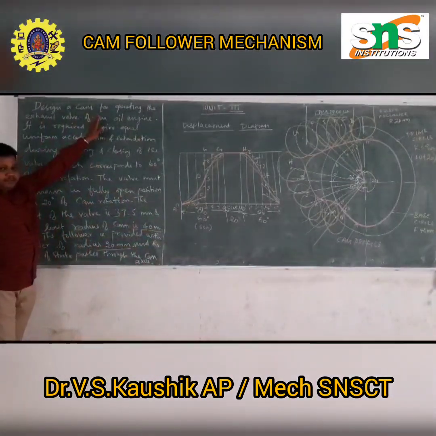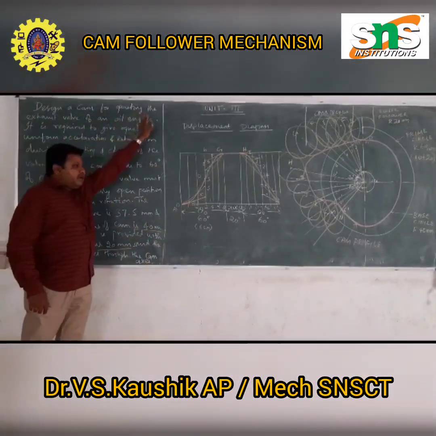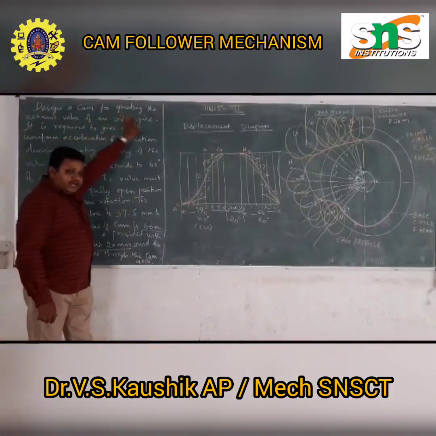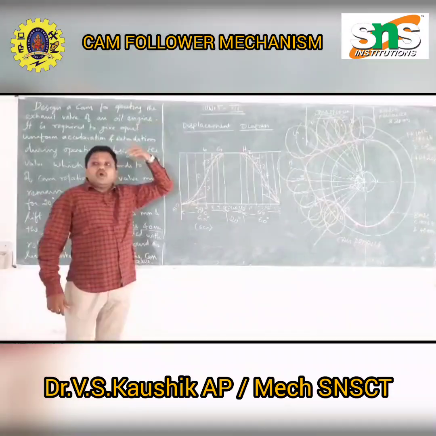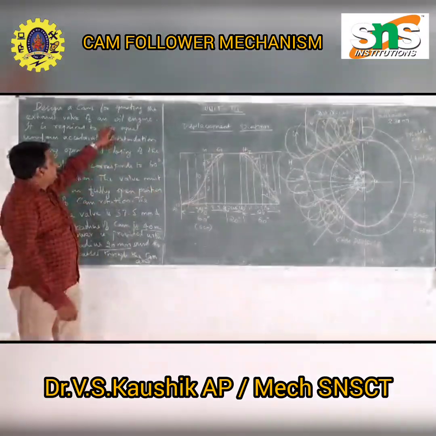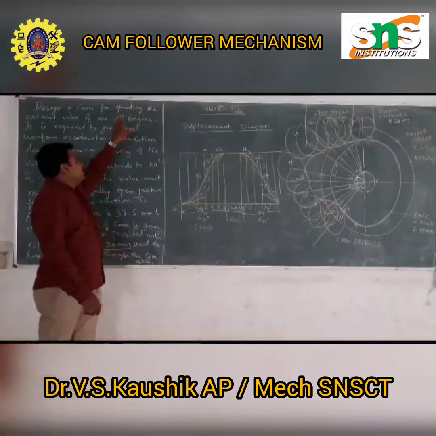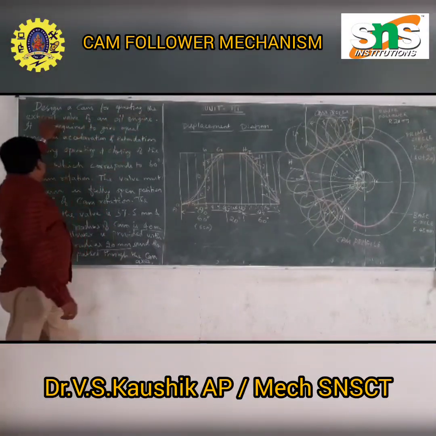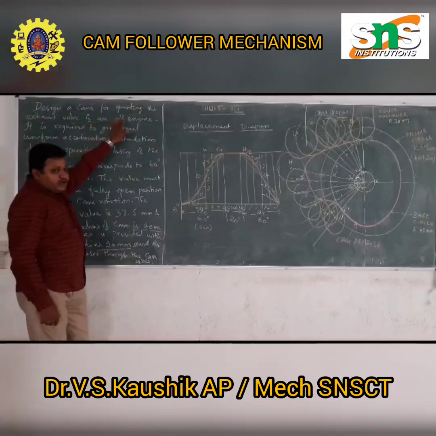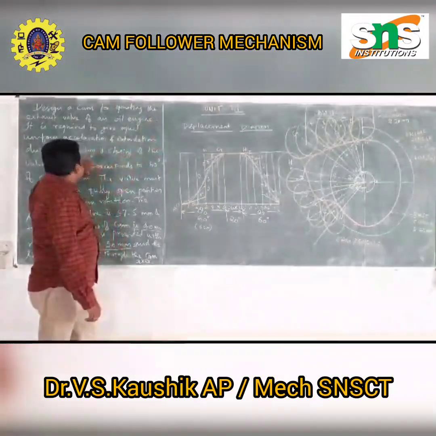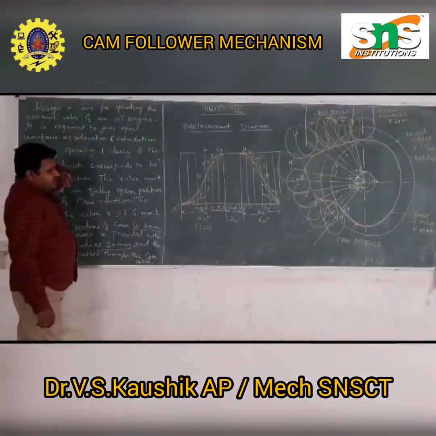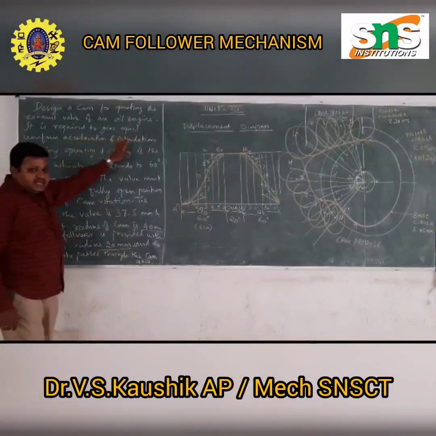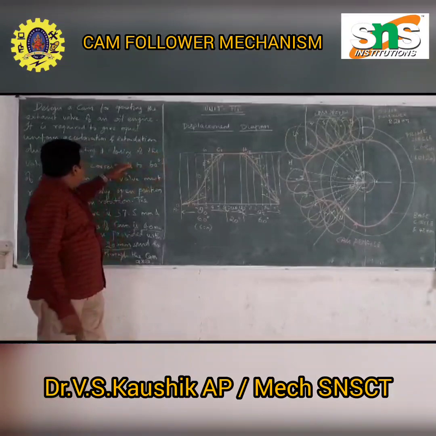Design a cam for operating the exhaust valve of an oil engine. We can use it for oil engine purposes also. That's what this problem is given. It is required to give equal uniform acceleration and retardation.